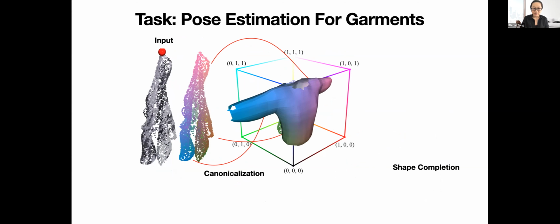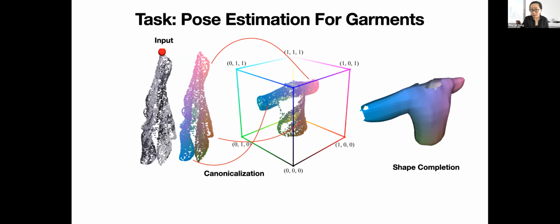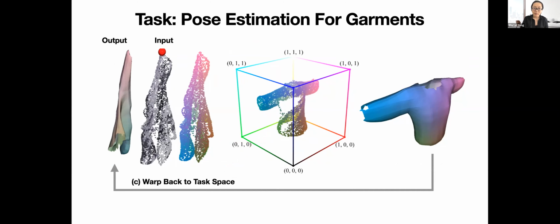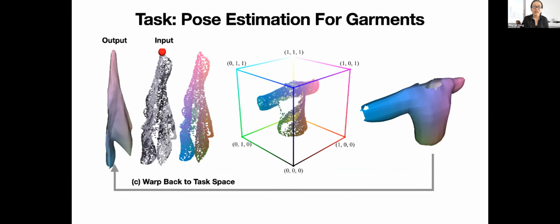So what we do is ask the algorithm to complete the garment's full 3D geometry in this canonical space, and therefore provide the pose estimation for those unobserved surfaces as well. And finally, we map this completed shape back to the observation space so that the outputs directly describe the garment configuration in the same observation space.